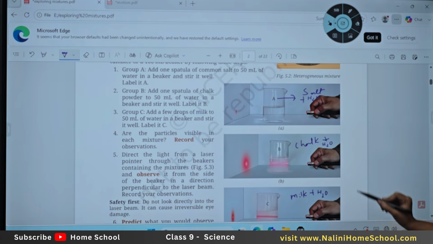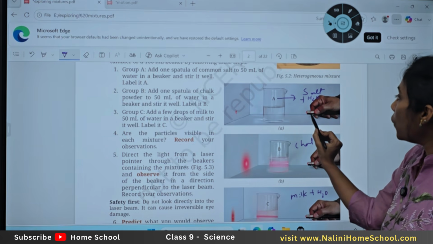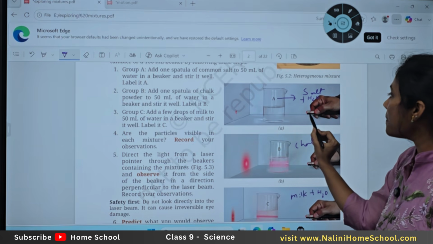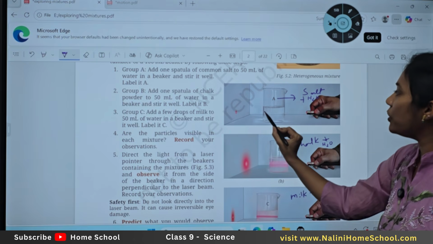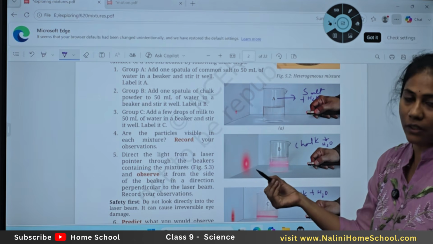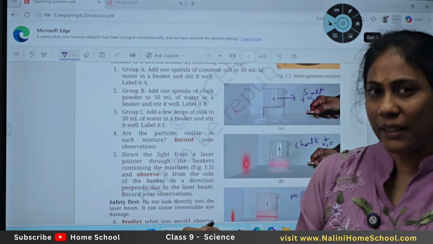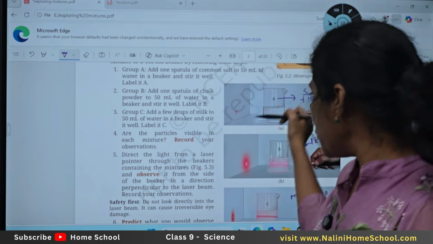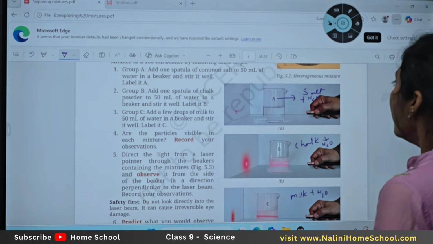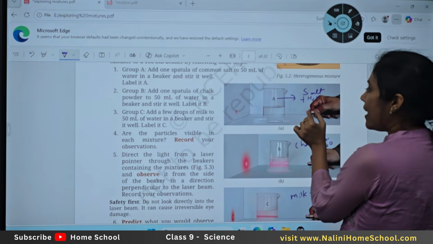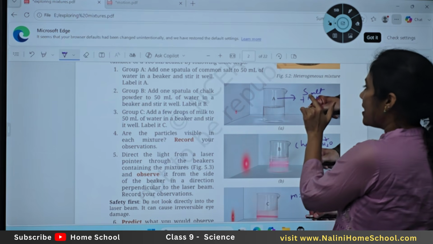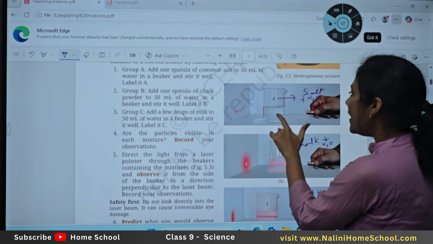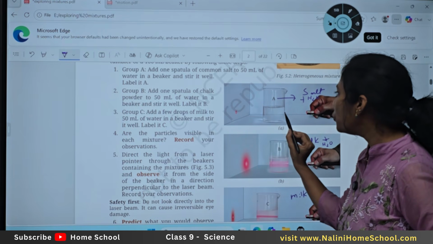This person is holding a laser light. He is passing a laser light through the mixture. I will not use the word solution here as of now, I will use all the 3 as mixtures. So he is passing this laser light through the mixture of salt plus water. Can you see the laser light through the solution?